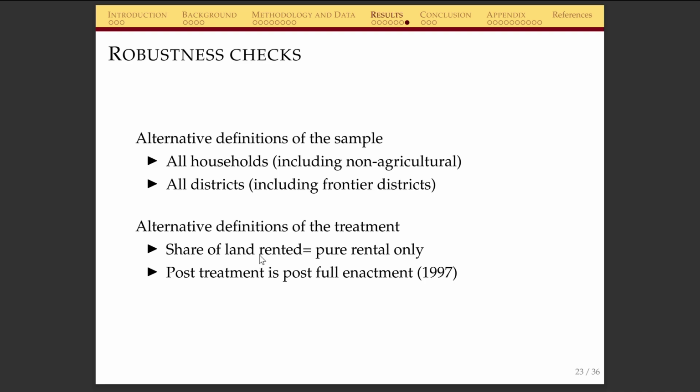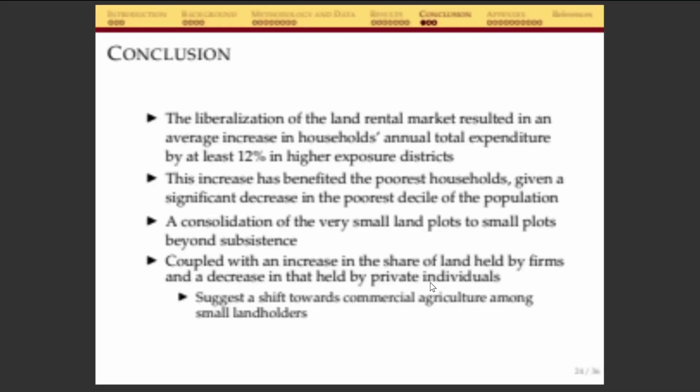I also try different definitions of treatment, because in my main definition, I'm looking at the share of land rented, whether it's part of a pure rented plot or a mixed rented one, rented as part of a bigger plot that also has ownership. And post-treatment, after the law completely took effect. In general, the results are a little bit attenuated, but they hold.